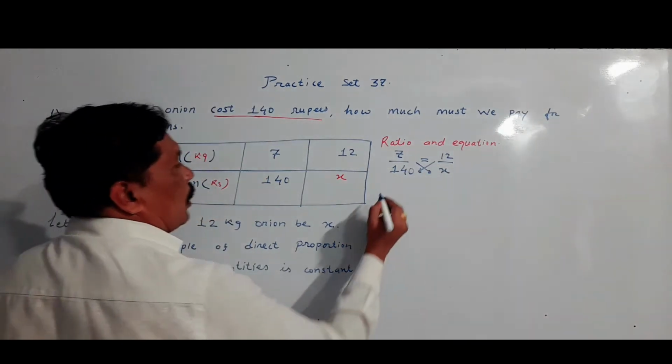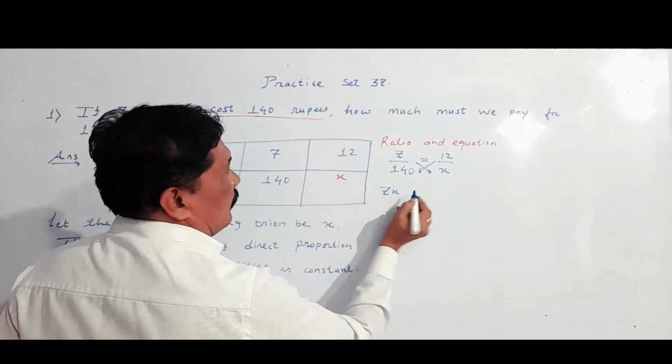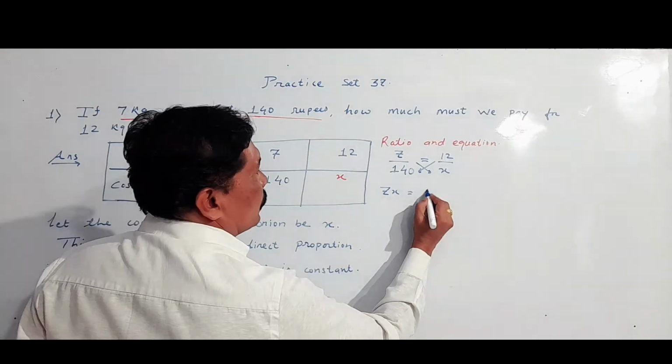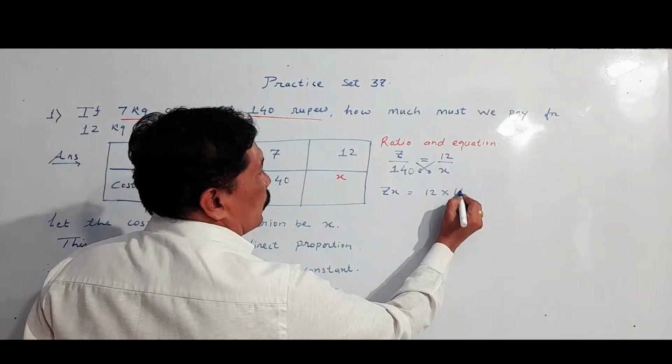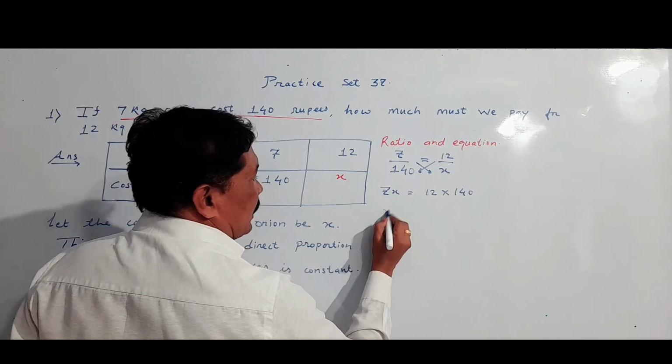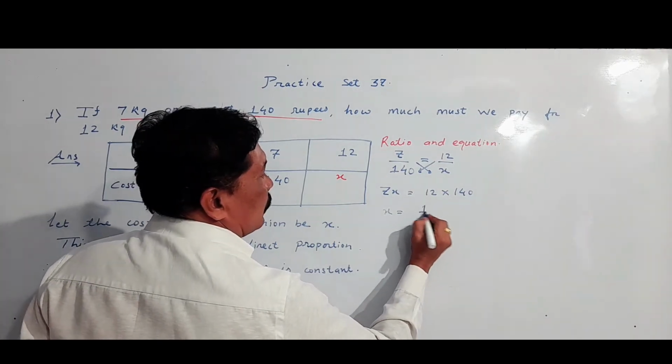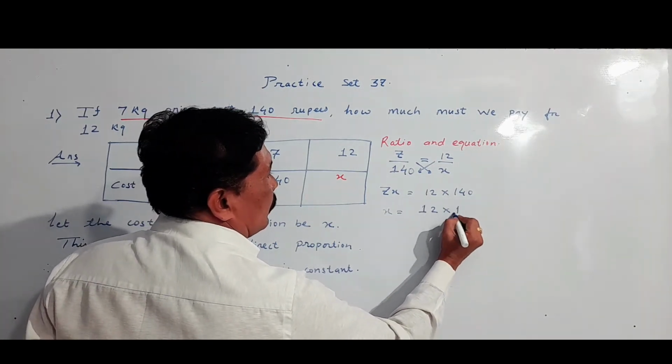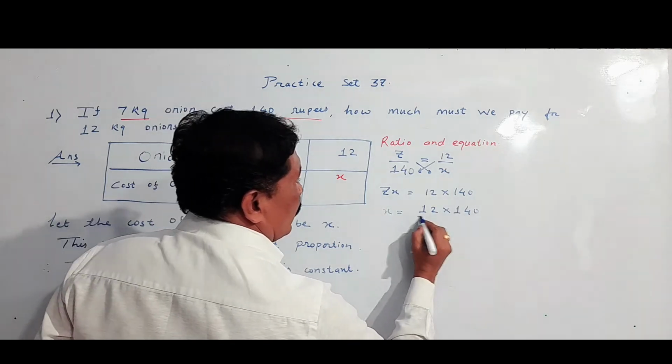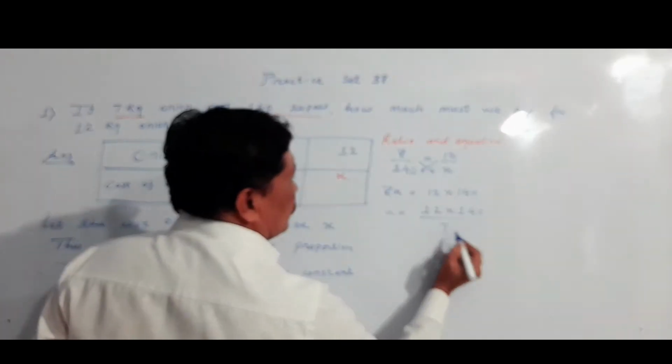We'll have cross multiplication. 7x is equal to 12 into 140. X is equal to 12 into 140 divided by 7.